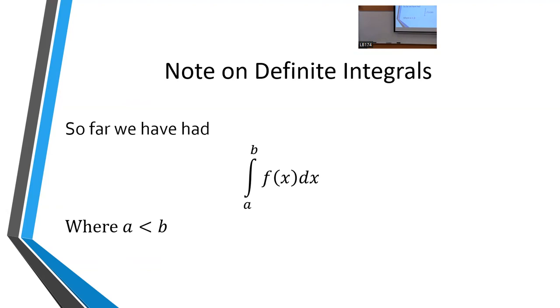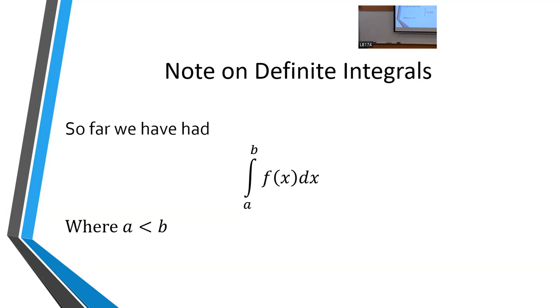All right. Now, most of that we'll do next class period. But I did want to just say this. Just a note on definite integrals before we start doing definite integral calculations next class period.